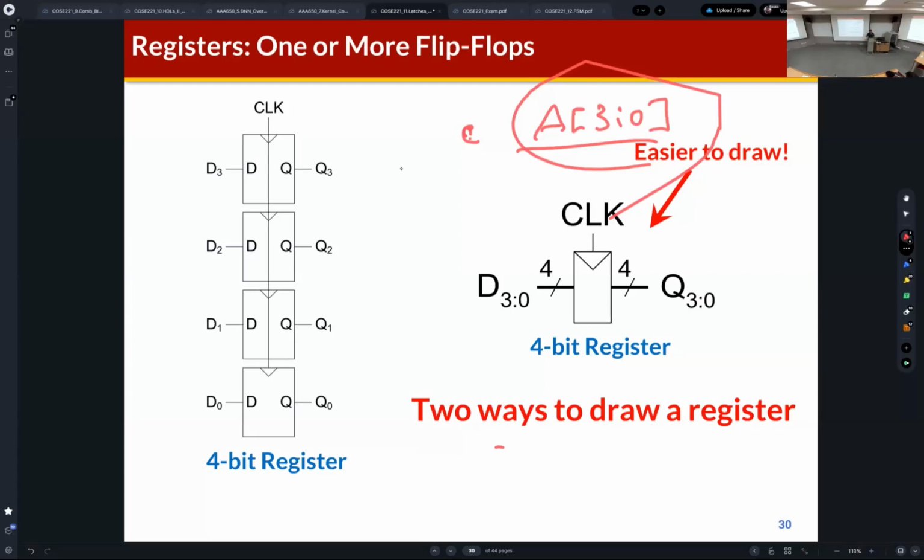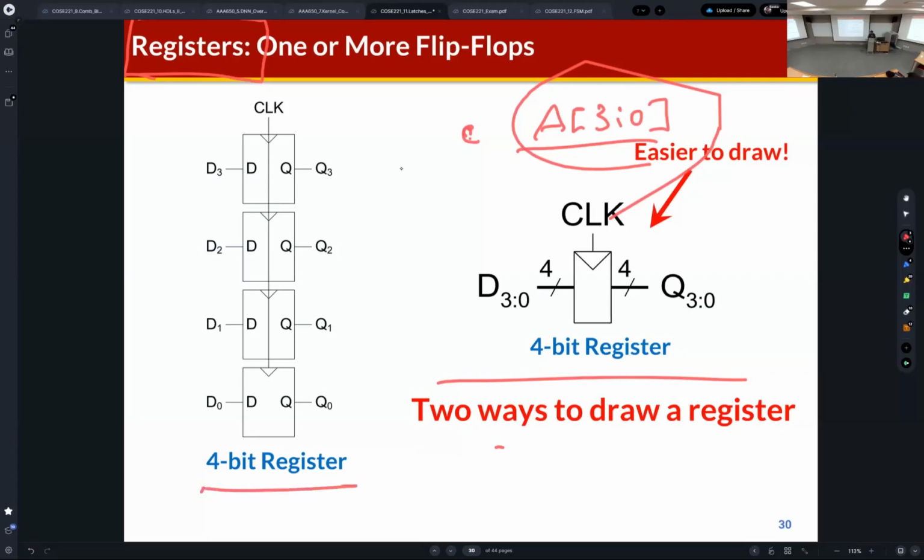In order to represent a large number, we require a large number of bits, right? If we use multiple flip-flops to store or sample input data, then these multiple flip-flops are called a register. This is a register.